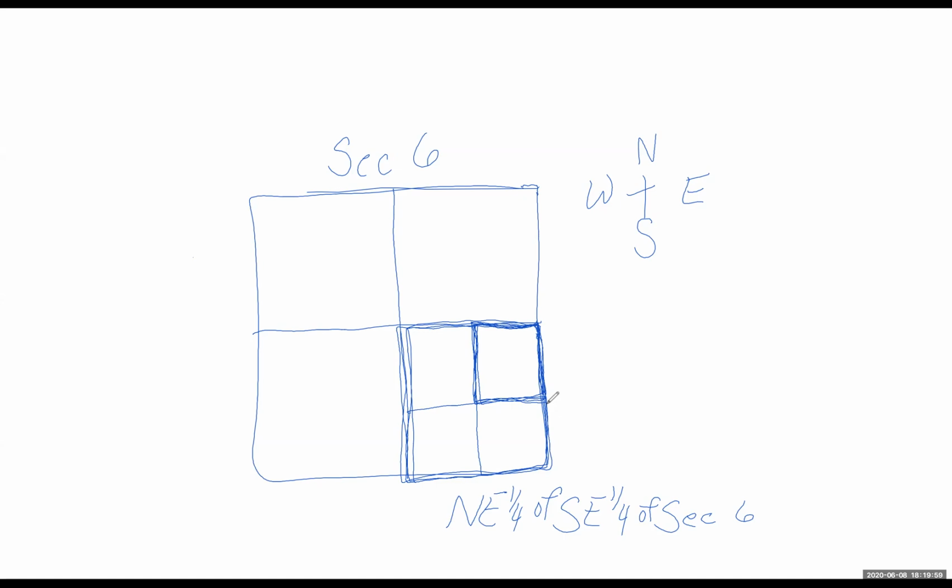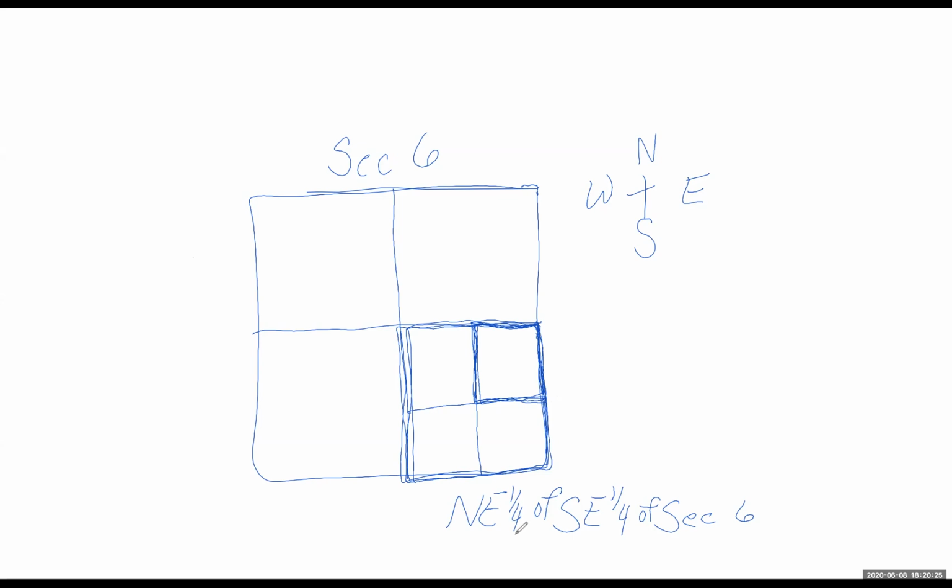Well, reading it backwards, but also what's the math shortcut to figure out how many acres are in a piece of land in the rectangular government survey system? Anybody remember?